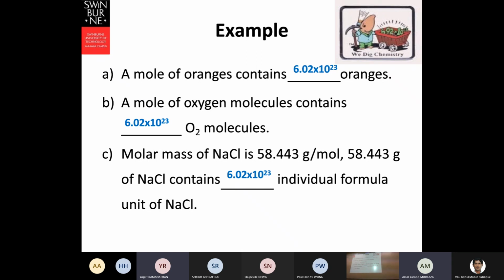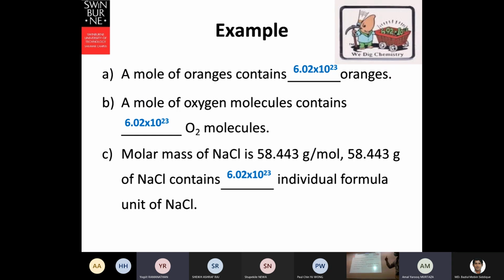If you put 1 mole of oranges at the same time, it will cover the whole Earth. It will reach 80 kilometers. 1 mole of oranges, this is such a huge number. Still, 1 mole of atoms, sometimes you cannot see, it's so small. Just to put in perspective.